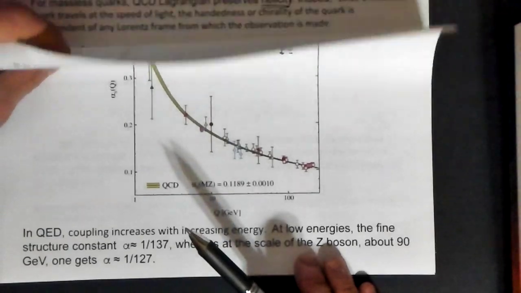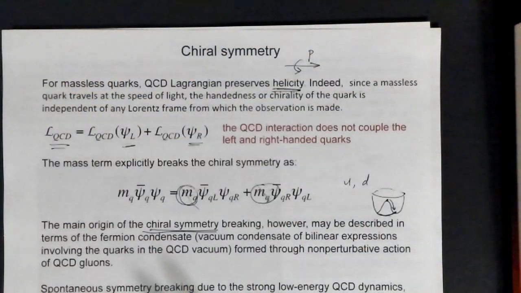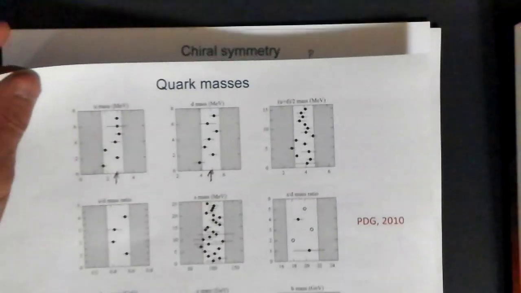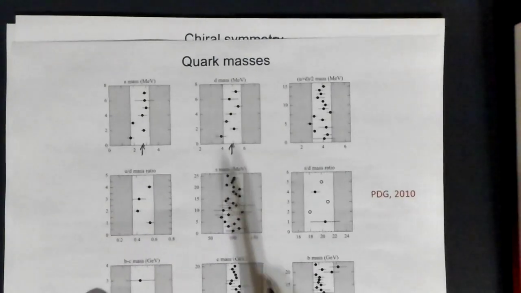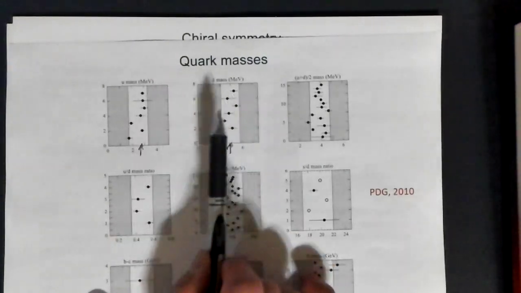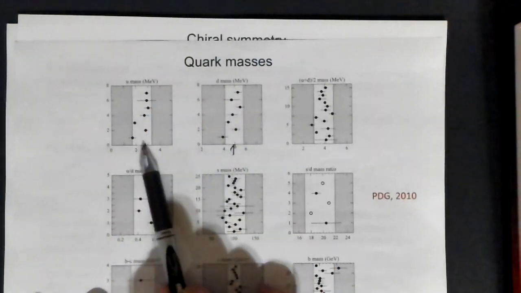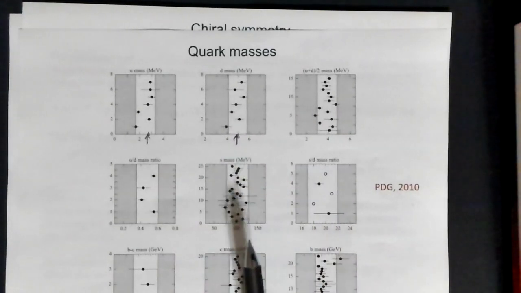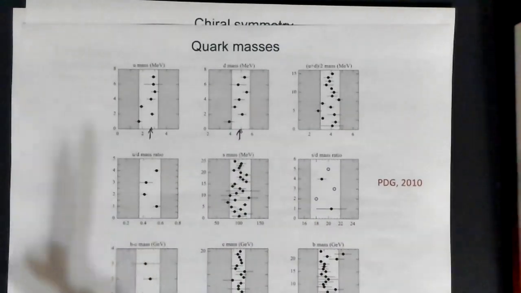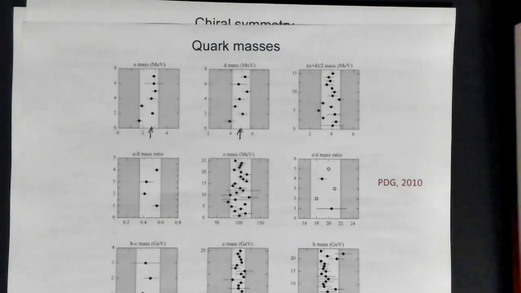So let's talk a little bit more about these quarks and these light quarks in particular. Okay, so we talked about these quark masses, and so one thing you'll notice is that the masses of the up and the down quarks are quite a bit smaller than the masses of the other quarks, as well as pretty much any other mass scale in the quantum chromodynamics Lagrangian.